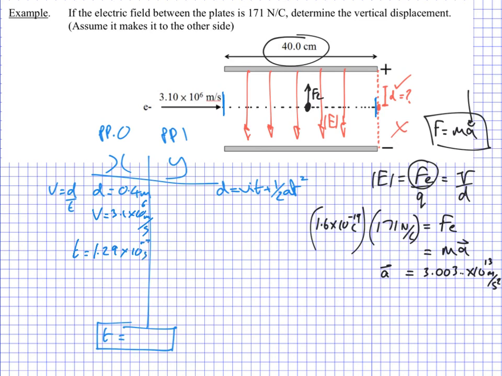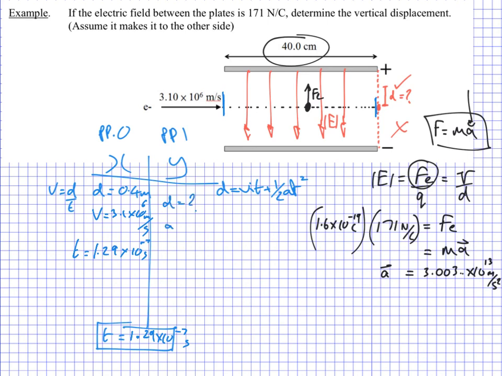And this is going to be true for both sides of this table. It's going to be true for the X coordinates and true for the Y part of this system. So I can use this time, 1.29 times 10 to the negative 7 seconds, on both sides of this table, including the Y direction. What do I know about the Y direction? Well, I'm trying to find out d, the displacement.